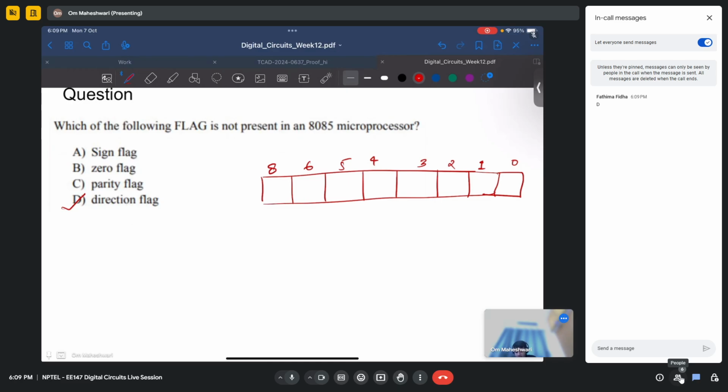So 8-bit is for sign, 0, this is not used. Auxiliary carry, not used. Parity, not used. And carry. So we have 1 bit for sign, 1 for 0, 1 for auxiliary carry, for parity and carry, but we do not have any for direction. Sign, zero, and parity are present. So the answer is D.